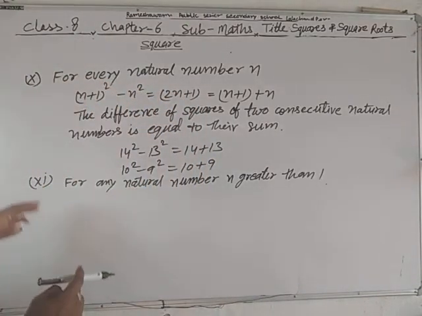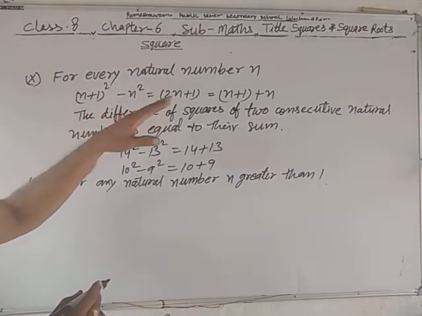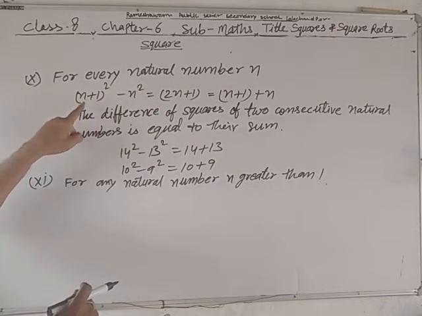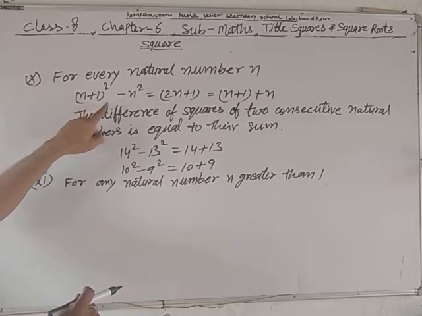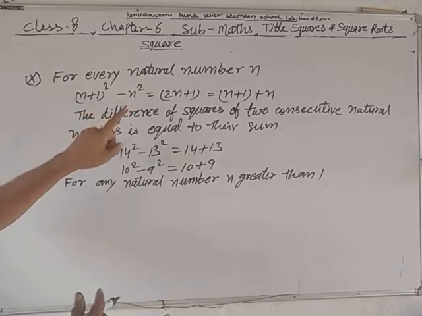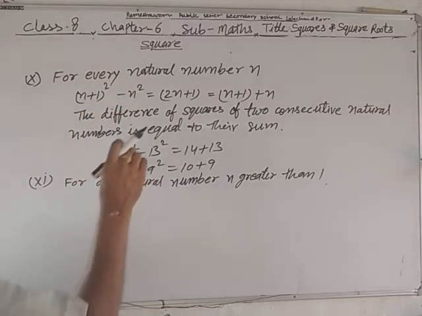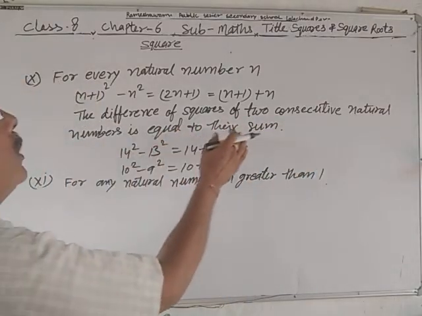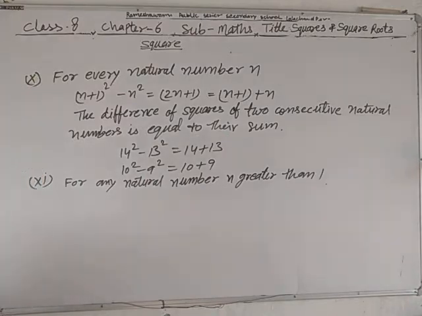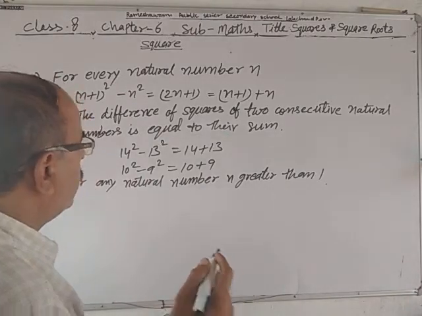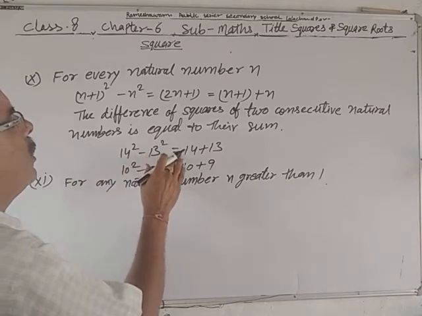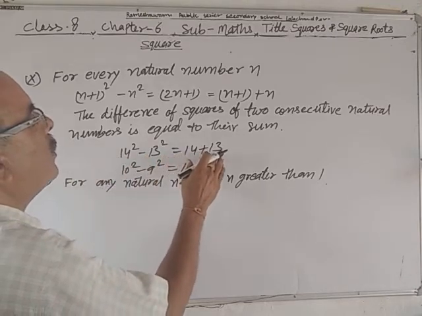Yes. For every natural number n, (n plus 1) square minus n square, it means the difference of the squares of two consecutive natural numbers is equal to their sum. It means 14 square minus 13 square equal to 14 plus 13.